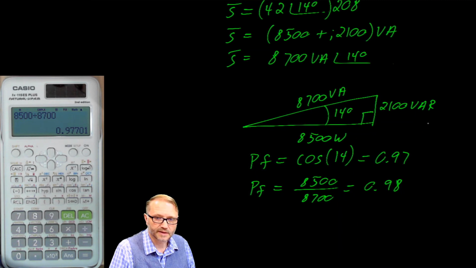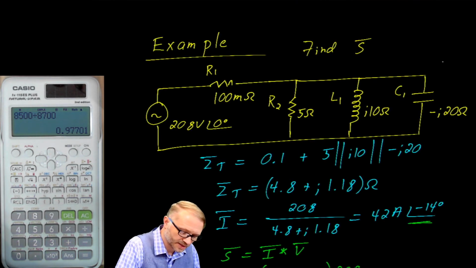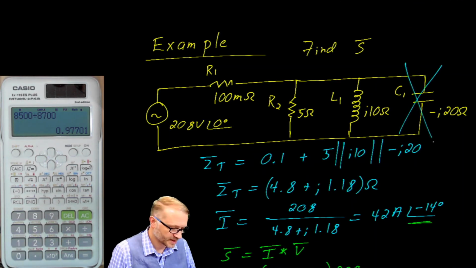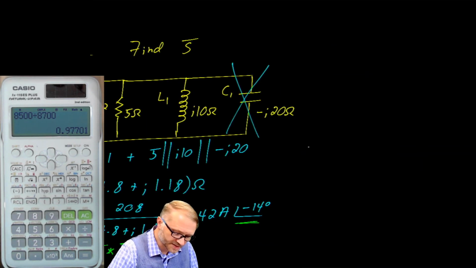What if we went back to our original circuit and removed the capacitor? How would that change things? We could talk about an impedance. So Z total is 0.1 plus 5 in parallel with j10.